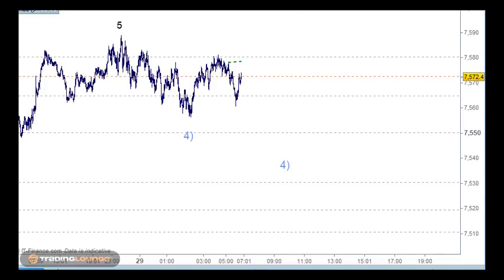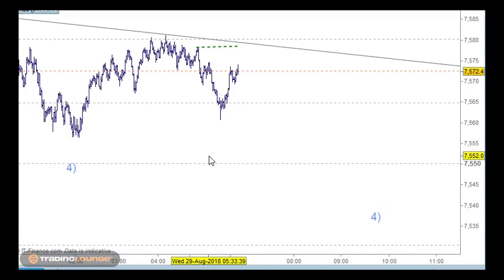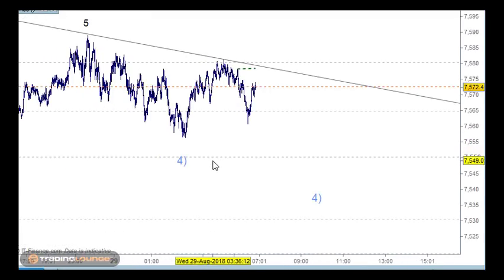So just bear that in mind as we go here. Just looking for the trend line here. This looks bullish. So that's it, all short and sweet. Everything's on track here nicely.